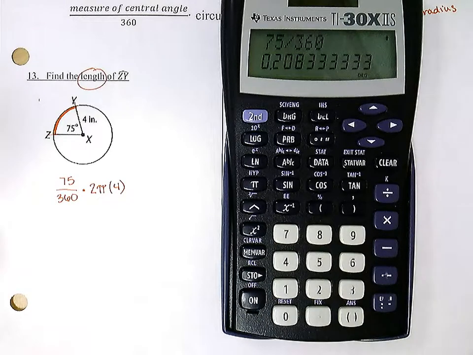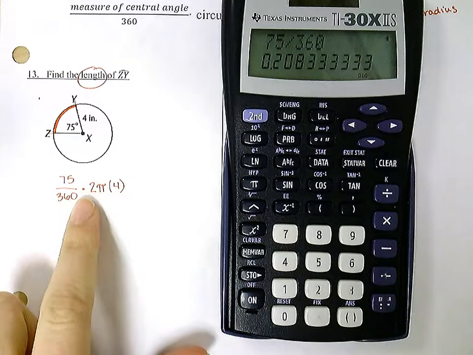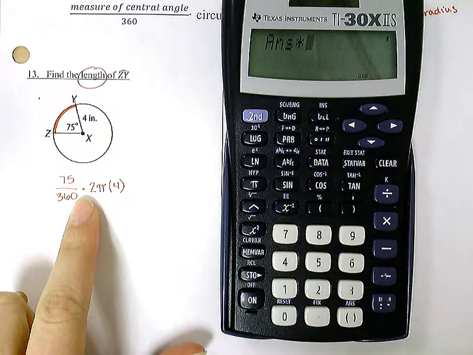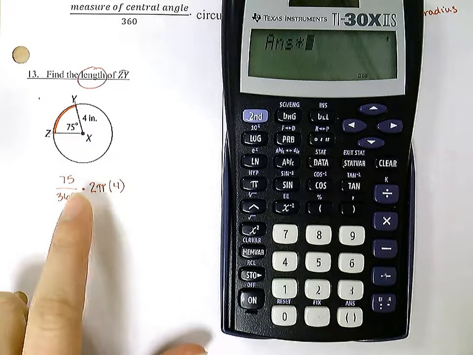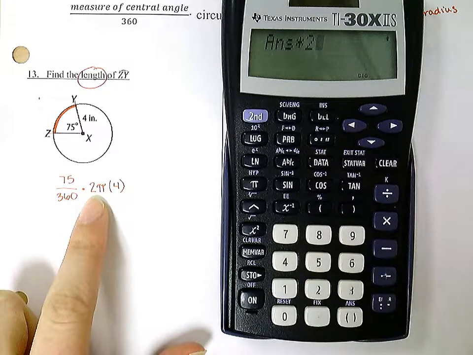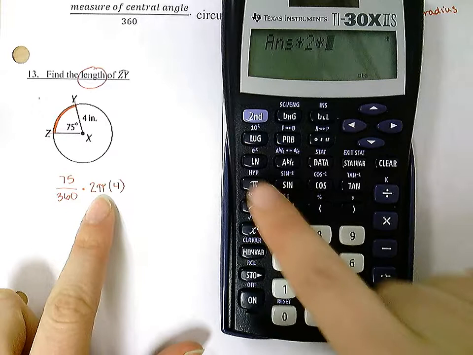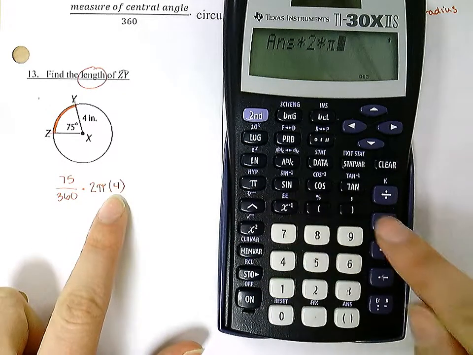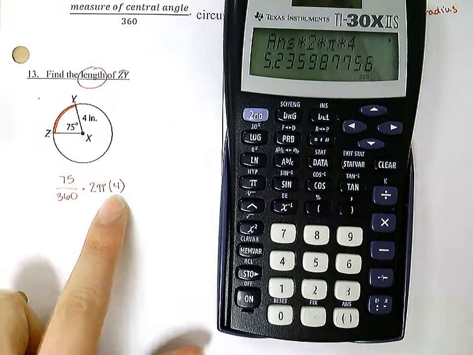I'm not going to write that decimal down. I'm going to leave it on my screen like that. Then I'm going to multiply, so times what I got, so that answer shows up. Times 2 times pi. And I do have that pi button, remember? And then times 4. And then equals.